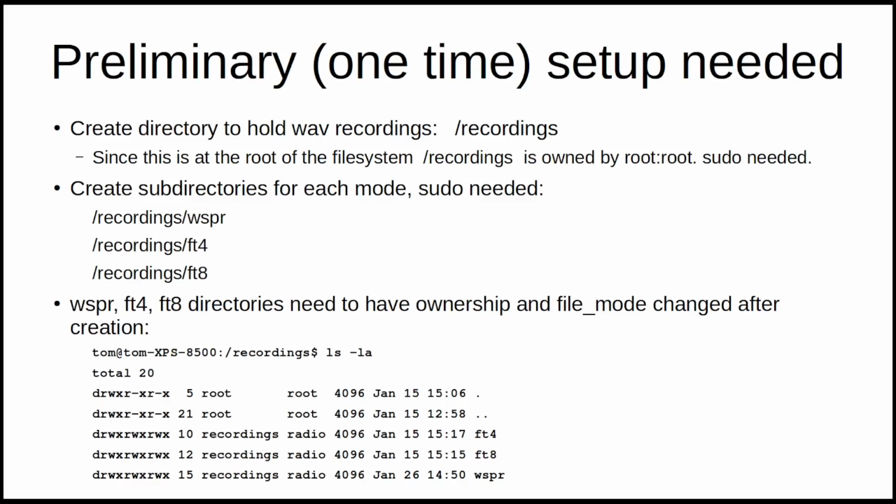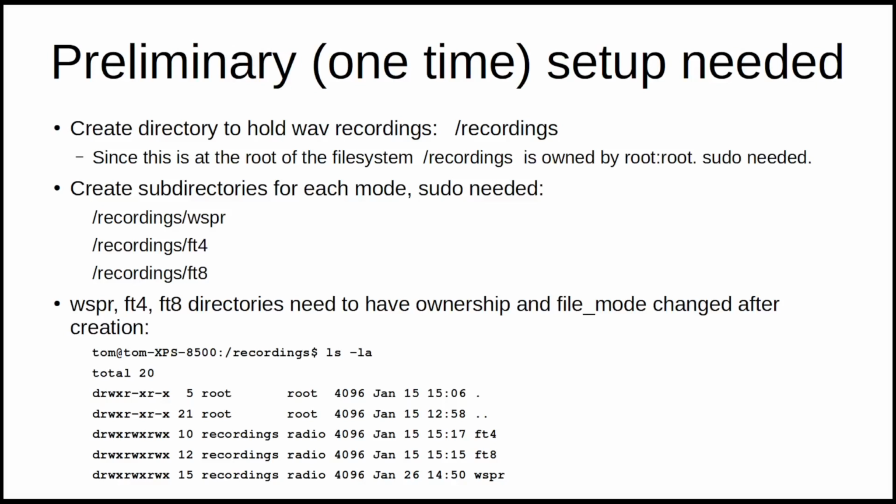There is some preliminary one-time setup needed to make these demodulators work. At the root of your file system, you need to create a directory to hold the wave recordings. So you need to create /recordings. Since this is at the root of the file system, this directory is owned by root, and so you need to use sudo to make that directory.